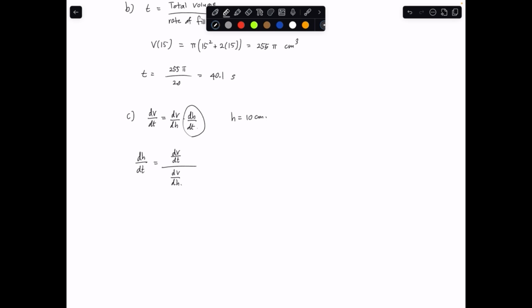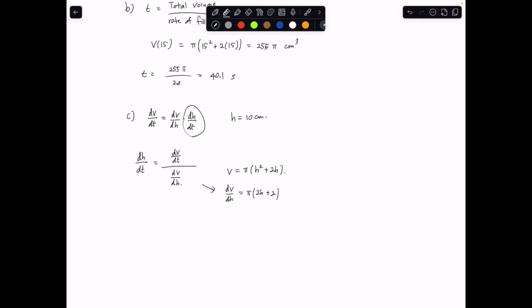And so we know dV/dh. So the dV/dh we have already found in part A. We haven't actually found it, so we can just differentiate what we found in part A with respect to h and then find dV/dh. And so that is just pi times 2h plus 2, right? Because our volume was pi times h squared plus 2h.